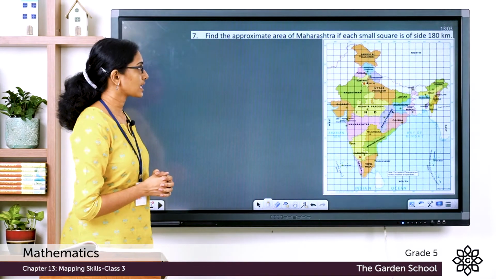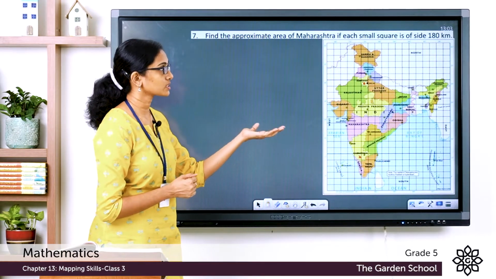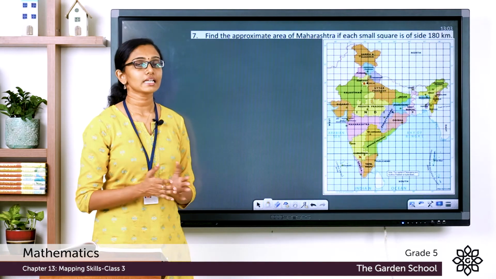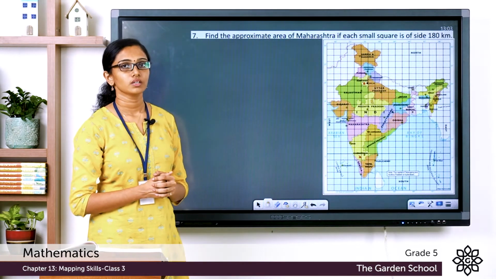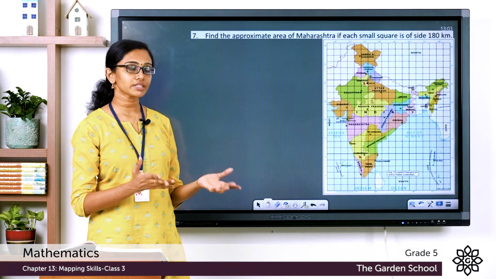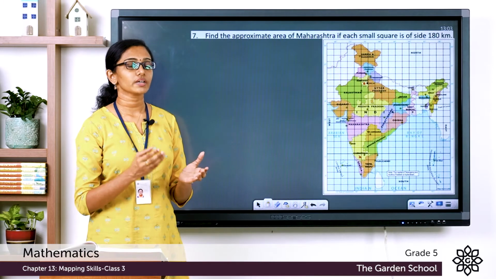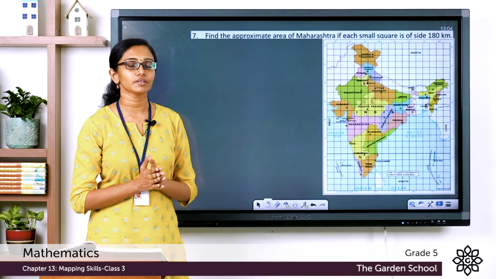Find the approximate area of Maharashtra if each small square is of side 180 kilometers. So, you have already learned how to calculate the area using a square grid. In a square grid, if each square has a side of 1 centimeter, the area of each square will be side into side or 1 centimeter square.